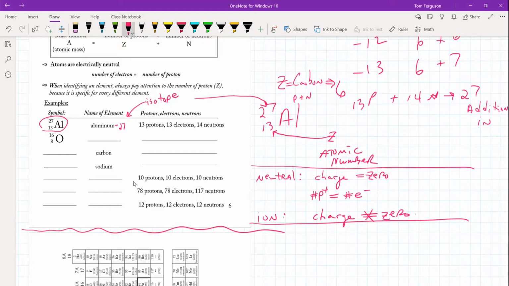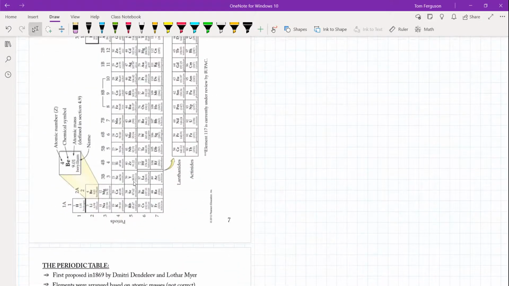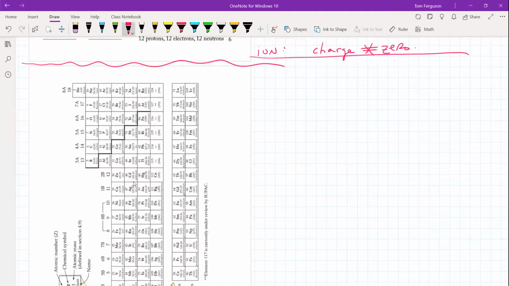Most things, I'm going to talk about this Wednesday in the periodic table. The elements, for example, in this group here form +1 ions. This one's +2. This one's -1. This one's -2. This one's -3. This is +3.